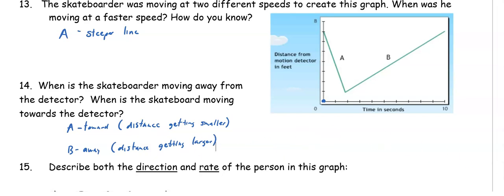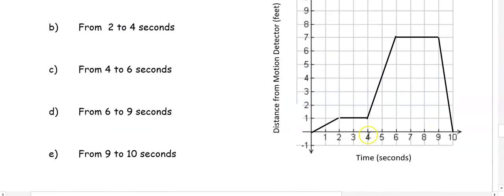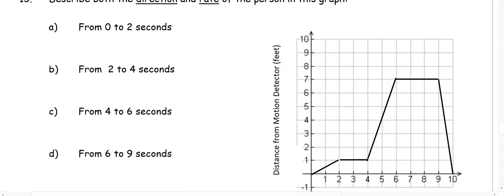In our last problem, using this graph, we want to describe what's happening. So from 0 to 2 seconds, they are moving slow and away. From 2 to 4 seconds, they're stopped because it's a horizontal line.